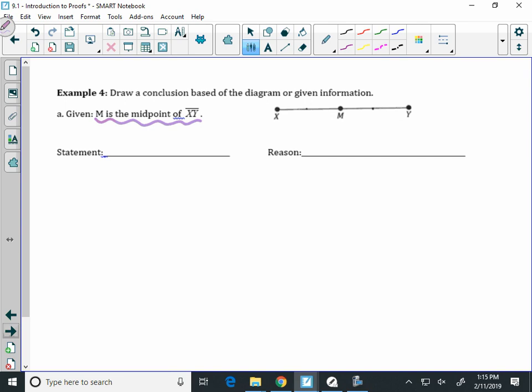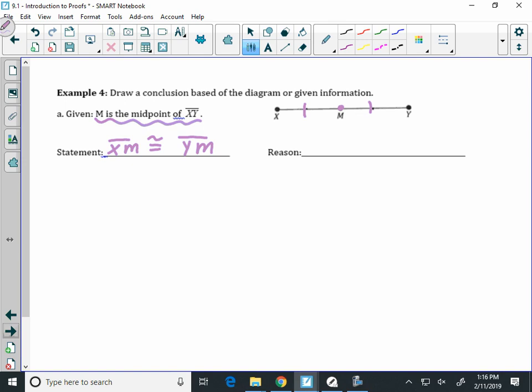So based on that info, you're going to have to conclude something. Okay, so start thinking about, well, what is a midpoint? Right? If M is the midpoint, that means it's directly in the middle. So if it's directly in the middle, what do we know about XM and YM? They're what? They're the same, right? They're congruent. So based off this given bit of information, I know that XM is congruent to YM.